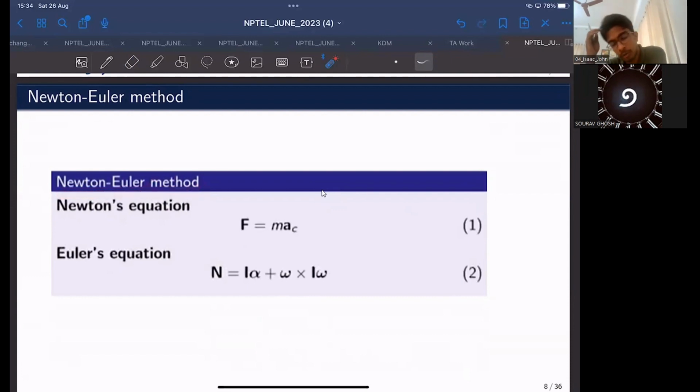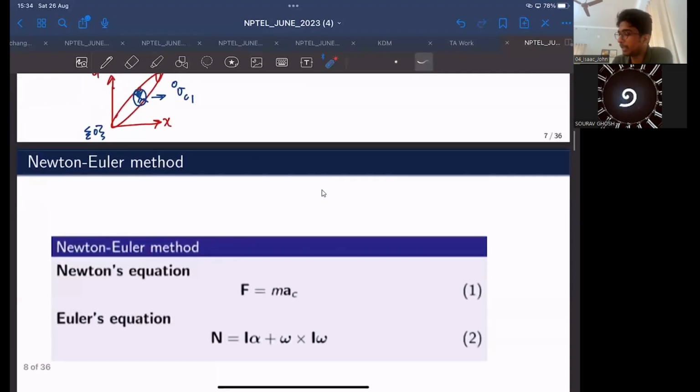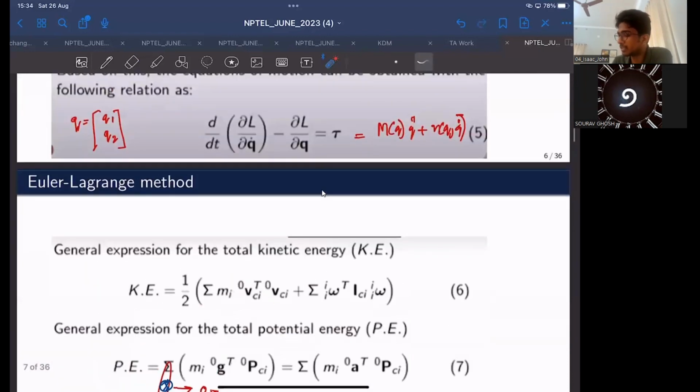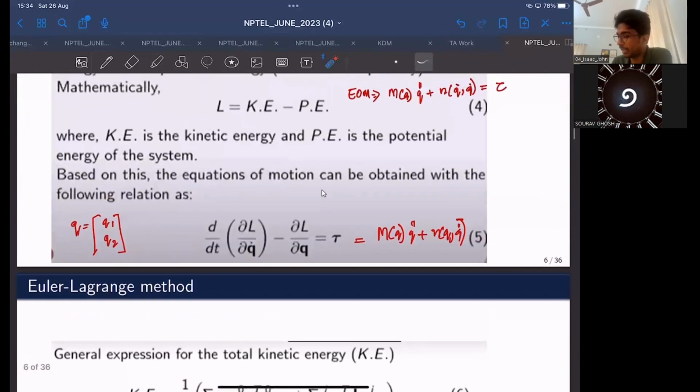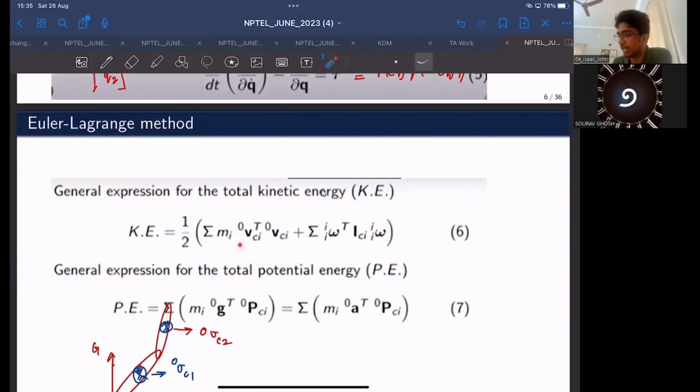If you have gone through all the lectures, it should be apparent that it's much more mathematically involved than the Euler-Lagrange method. But as the number of rigid bodies increases to more than 3 or beyond, implementing the Euler-Lagrange method is not going to be very easy, because finding each of these terms, the VCI, the ICI, is going to be more and more complicated.